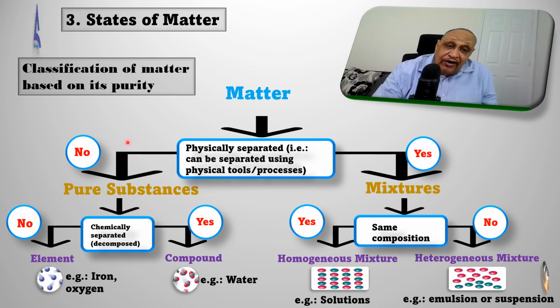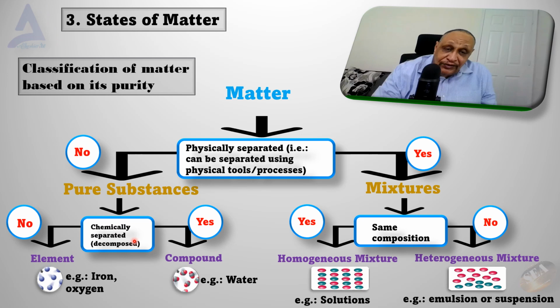Now, if we go through this line to the end, I'm going to use chemical ways of separation to decompose the one that failed physically. Why do I use chemical here? Because the physical doesn't work.